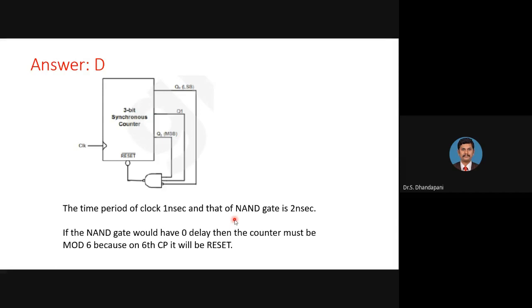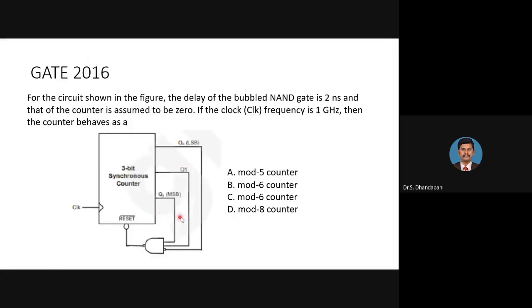I am repeating once again. When it gets 110, this output will become 0, so it will reset. But this NAND gate will produce the output 0 only 2 nanoseconds after 110. By that time the counter will have completed all the counts.